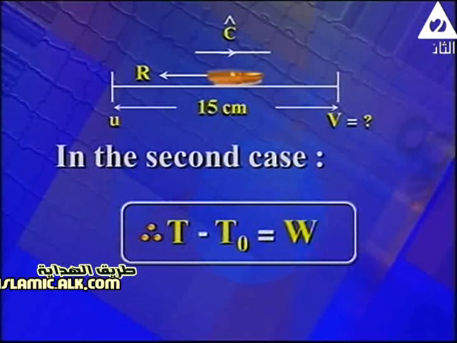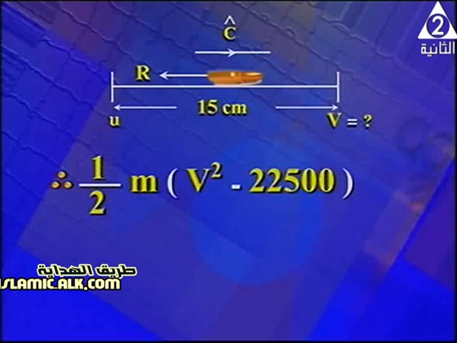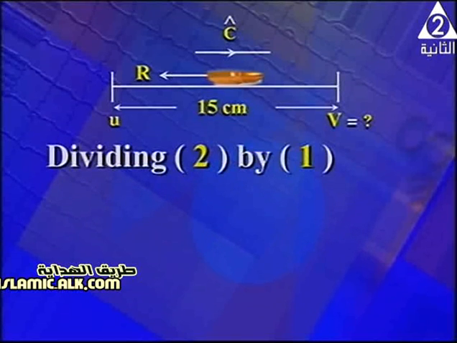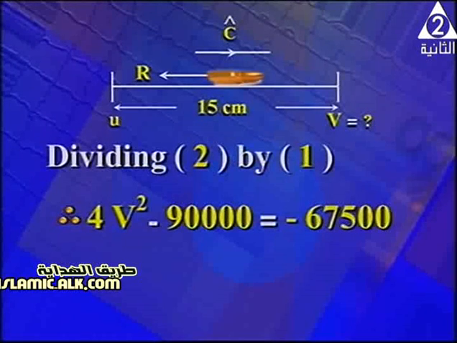In the second case, the change of kinetic energy equals the work done. After substitution, half M multiplied by V squared minus 22,500 equals negative R times 0.5. This is equation number 2. By dividing equation 2 by equation 1, we get 4V squared minus 90,000 equals negative 67,500.